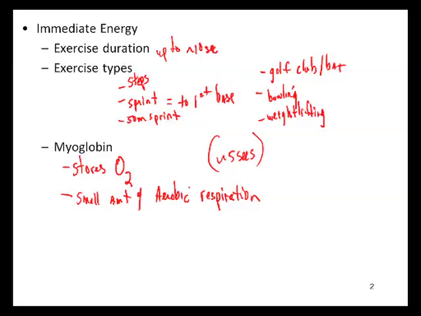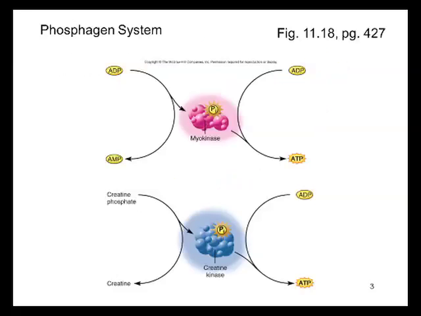Now we have another 5 seconds we need to account for, and that's where the phosphagen system comes in. This phosphagen system involves a series of enzymes that are basically transferring a phosphate from one molecule to an ADP. If we have an ADP, there's our adenosine molecule, and here's our two phosphates, so that's ADP. If we add another phosphate to ADP, what do we get?